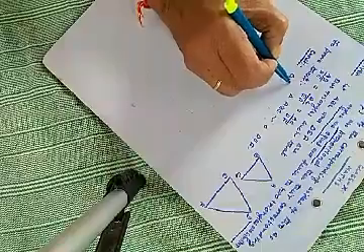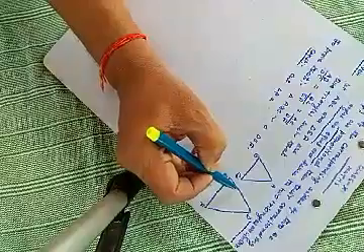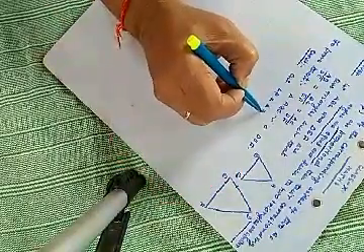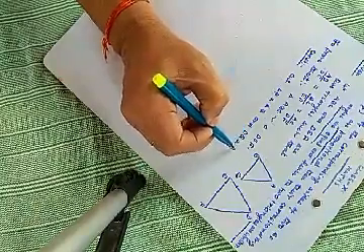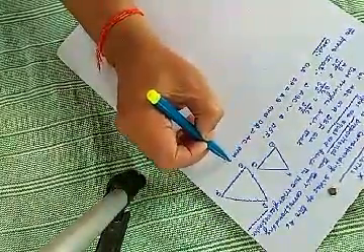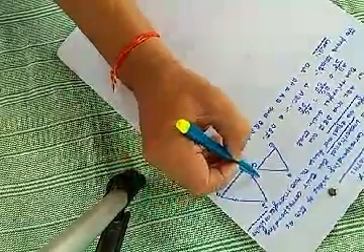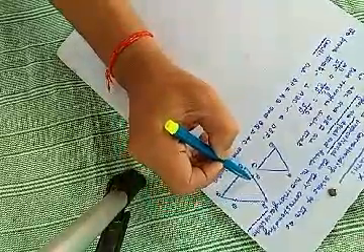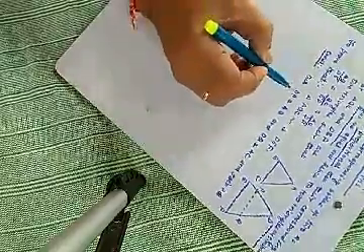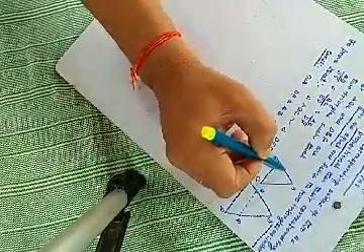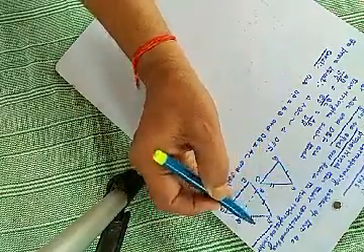So cut DP equal to AB and DQ equal to AC, and join PQ. This is P and this is Q, and join PQ.